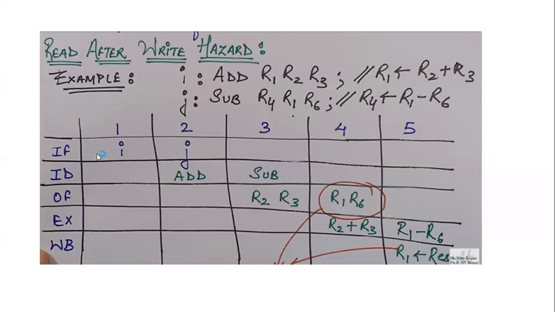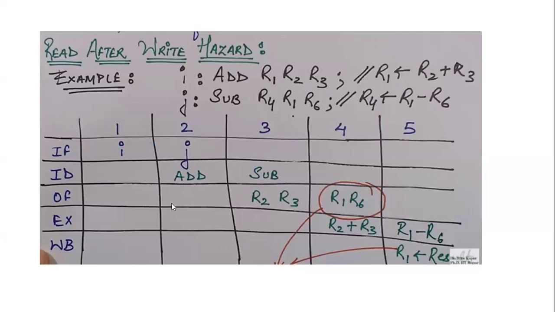Let's assume we start instruction I. Instruction fetch starts in clock cycle 1, and in clock cycle 2 instruction J starts. Similarly, in clock cycle 2 instruction decode also starts, that means it takes the operand of add, and in clock cycle 3 it takes the operand of sub from the second instruction.